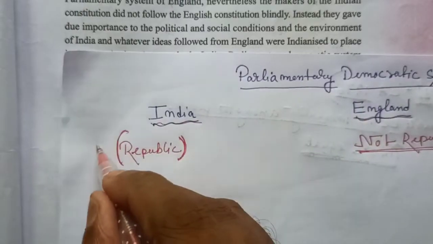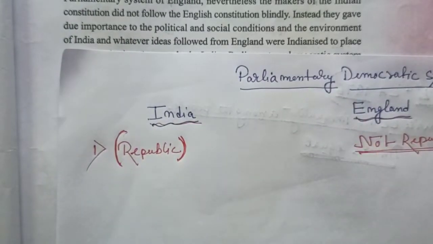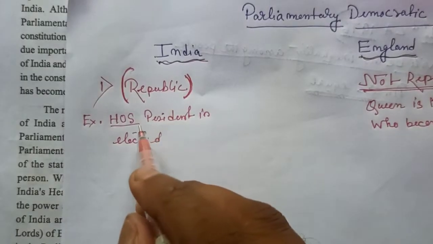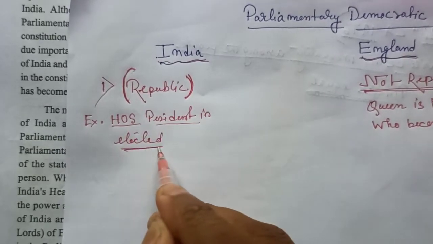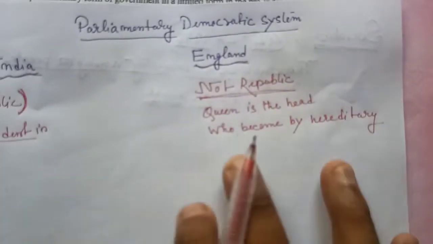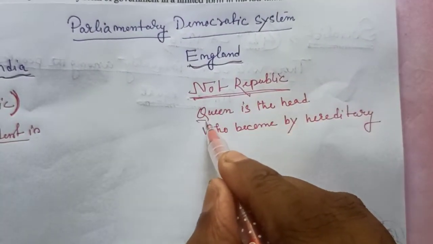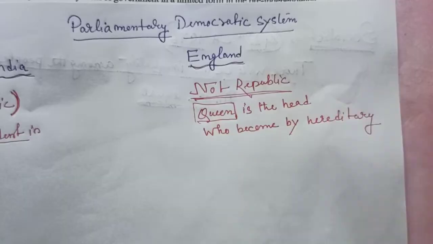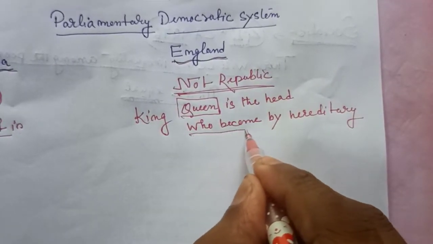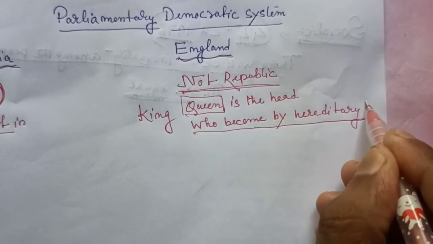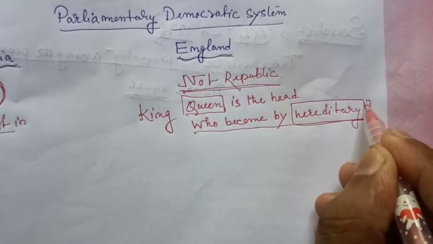For example, the head of the state, that is the president, is elected in our country, but in England the head of the state is the queen or king, who is not elected but becomes so by heredity.